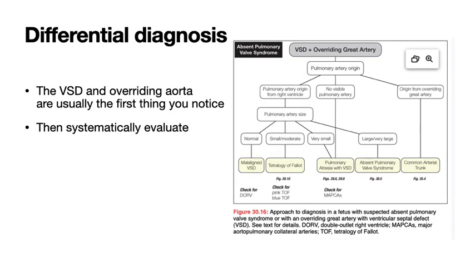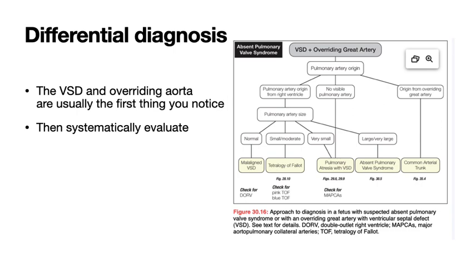All right. So whenever you see a ventricular septal defect and an overriding aorta, we want to know where it's coming from. So you see the ventricular septal defect in an overriding great artery. So you look carefully for a pulmonary artery coming from the right ventricle. And then if you see it, then you figure out whether it's small, medium, or normal.